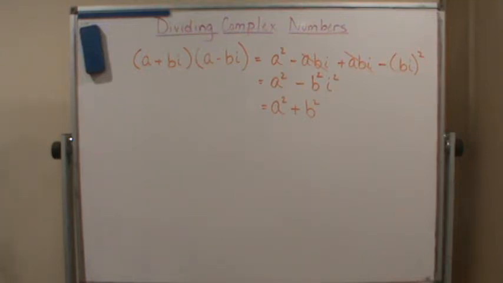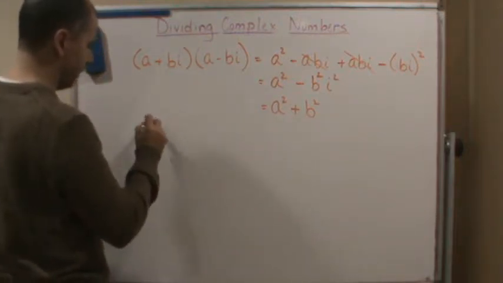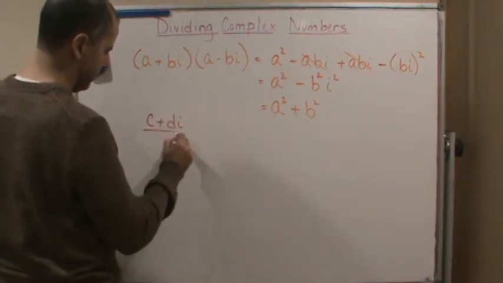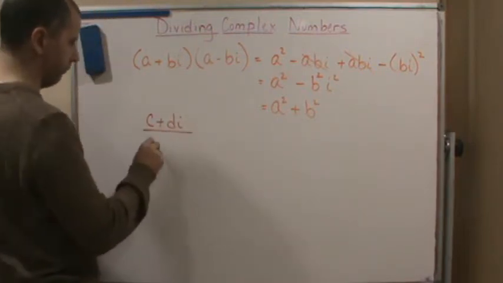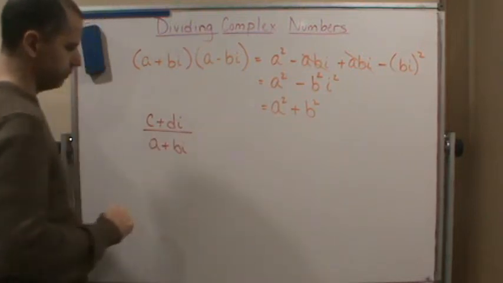Now let's take this general case. So I'm going to put c plus di divided by a plus bi.